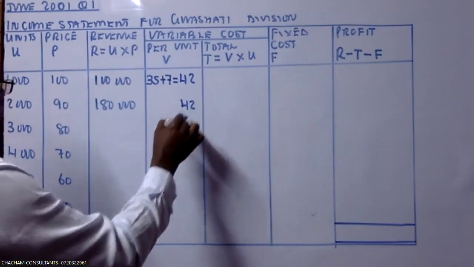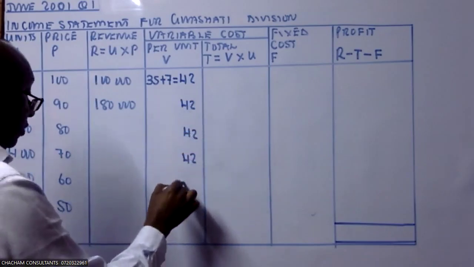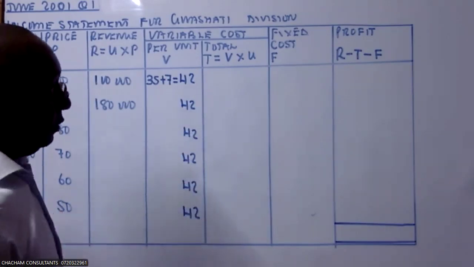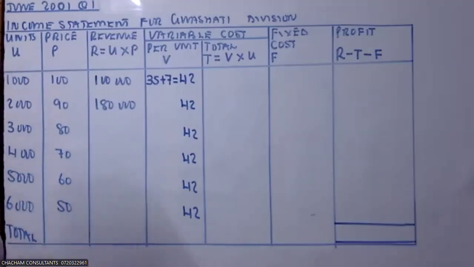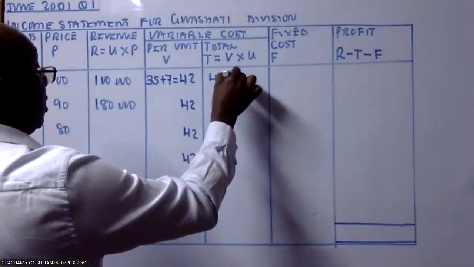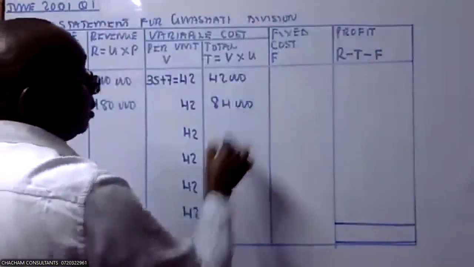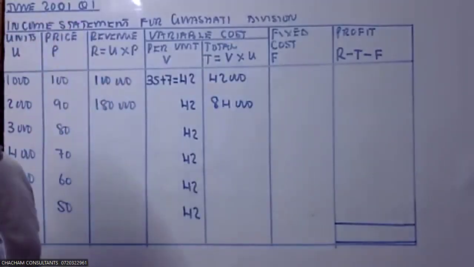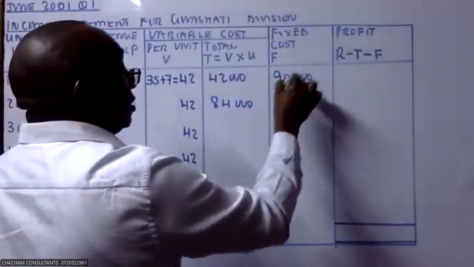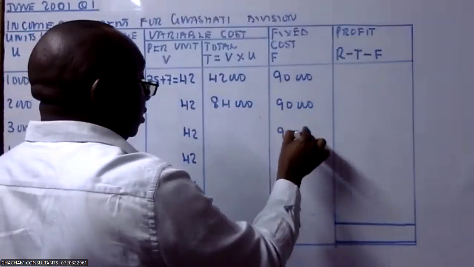So utaweka 42 kila mahali hapa. The transfer price plus its own. So that now with that, this will be 42,000 and this will be 84,000. The fixed cost is 90,000.